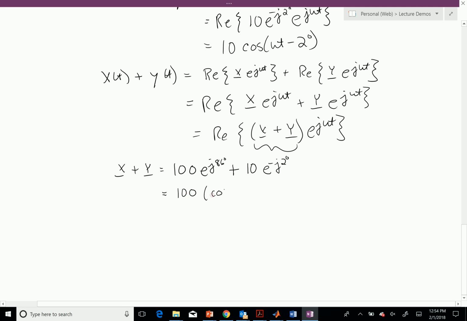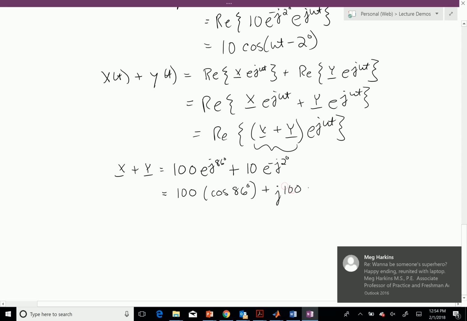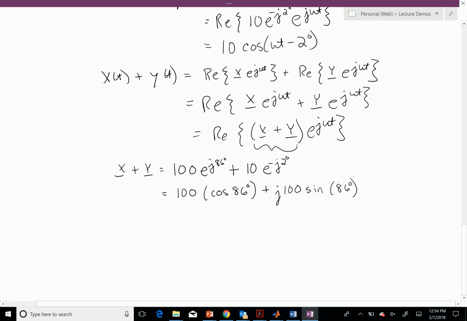So I say 100 cosine 86 degrees plus j 100 sine 86 degrees, plus 10 cosine minus 2 degrees plus j 10 sine minus 2 degrees, like that. Then I have to add those up.